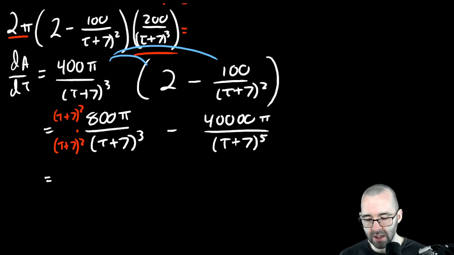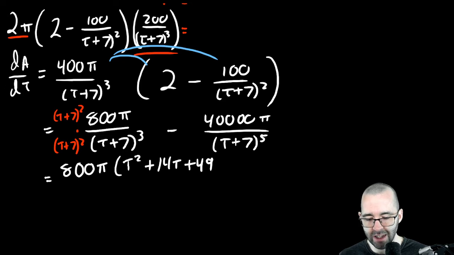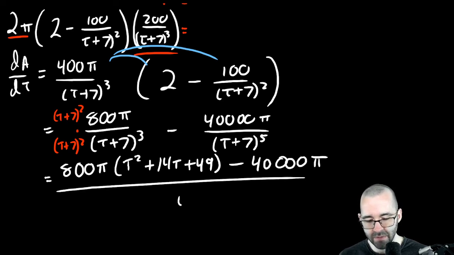That would give us 800 pi times t plus 7 squared, which we'd have to FOIL out: t squared plus 14t plus 49. Now they have a common denominator, so we can combine their fractions. 40,000 pi for t plus 7 to the 5th.